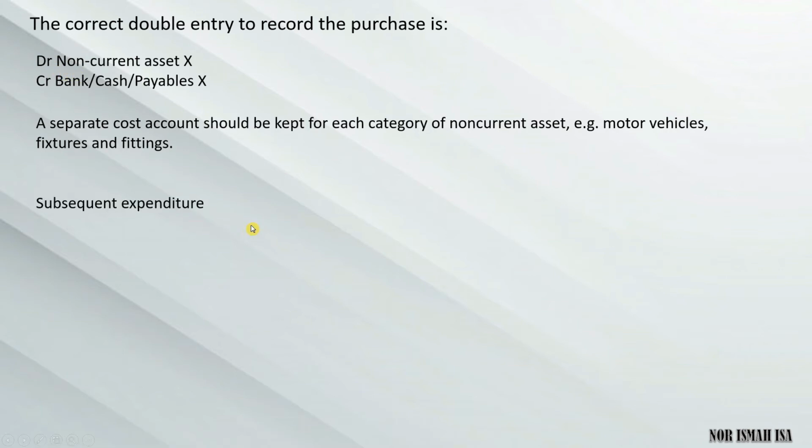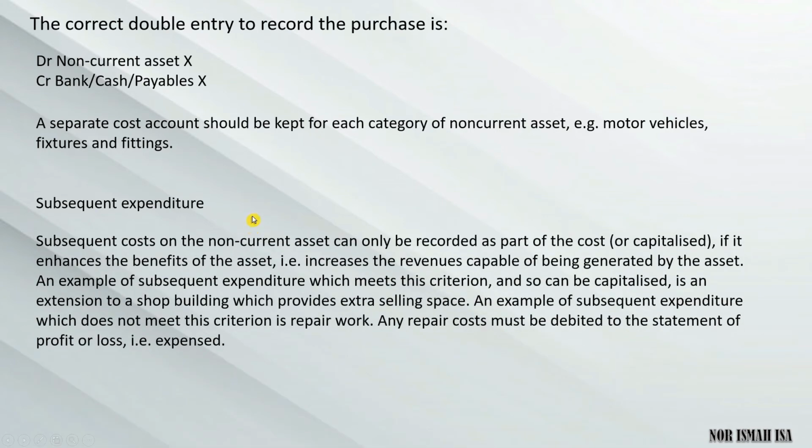And then the subsequent expenditure. A subsequent cost on the non-current asset can only be recorded as part of the cost, or we can capitalize the cost, if it enhances the benefit of the asset, increasing the revenue capable of being generated by the asset. So the cost that we incur in order to increase the capacity of the non-current asset, so it can be used to generate more revenue, we call the capital expenditure.